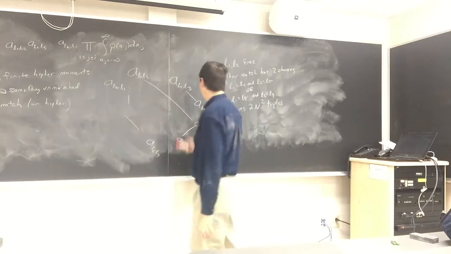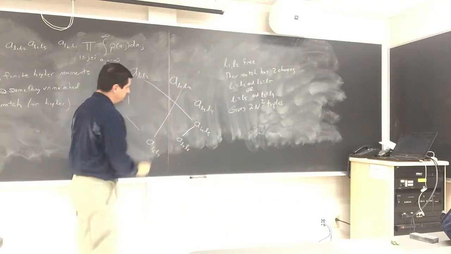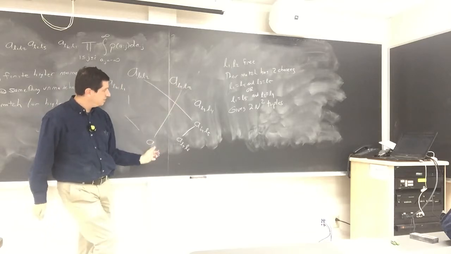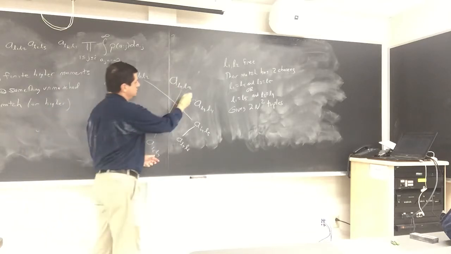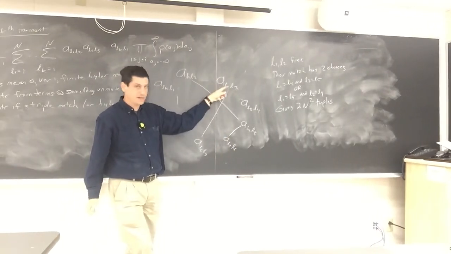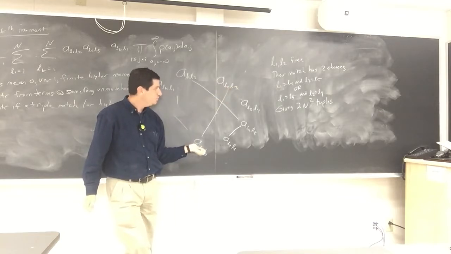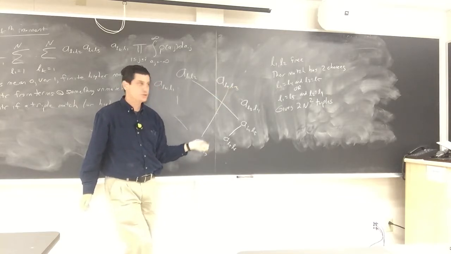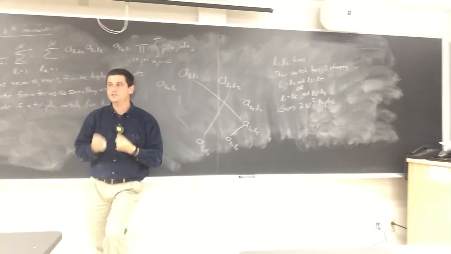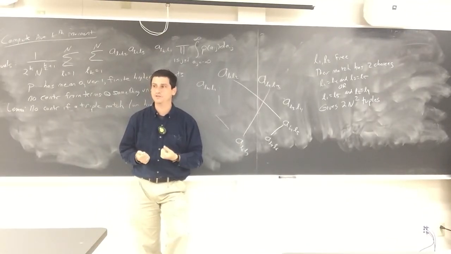We could have instead maybe matched this all the way down over here. Well, if we had matched it down here, I erased a little bit too much. If we match it all the way down here, we've already specified L2. L3 is still free, and now these two numbers are fixed. So in the first matching, we had 2 degrees of freedom to start things off. In each subsequent matching, we only have 1 degree of freedom.